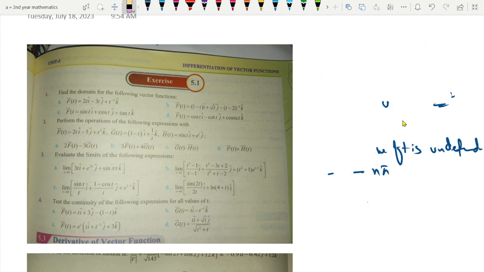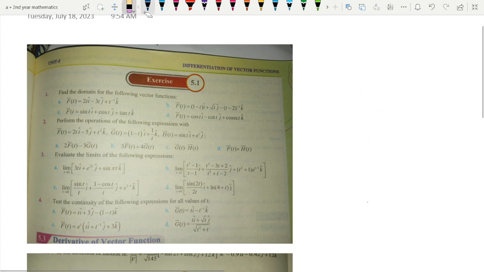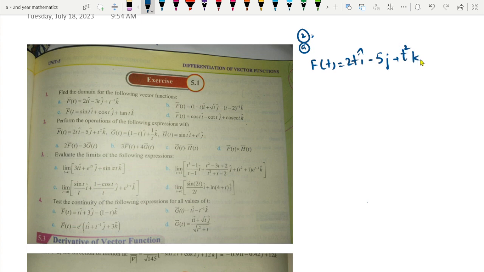Question number 2, part number 1. F of t is equal to 2t I minus 5j plus t square k, and we have g of t is equal to 1 minus t I plus 1 divided by t k, and h of t is equal to sine of t I plus e power t j.